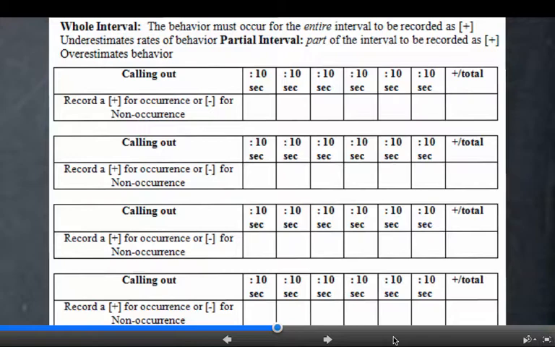For that reason, the partial interval recording method is referred to as one that overestimates a behavior. Now let's think about that for a second. Why does it overestimate behavior?